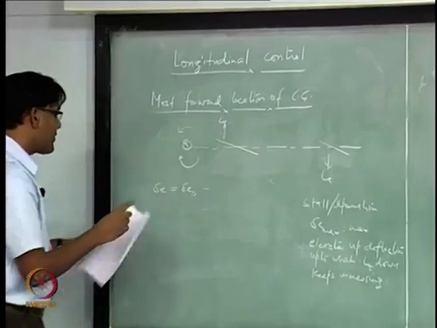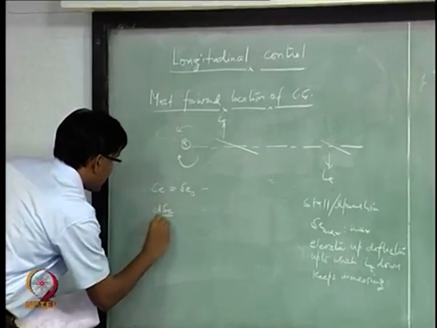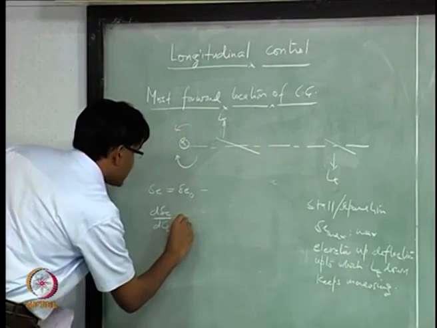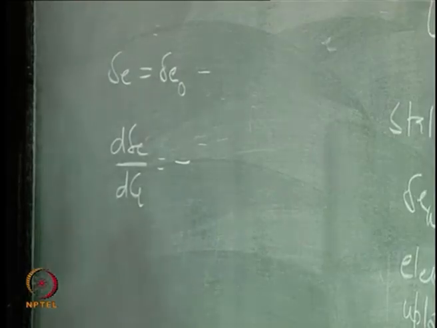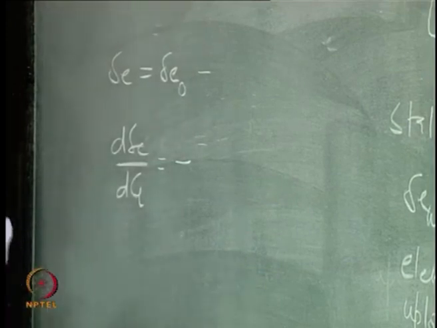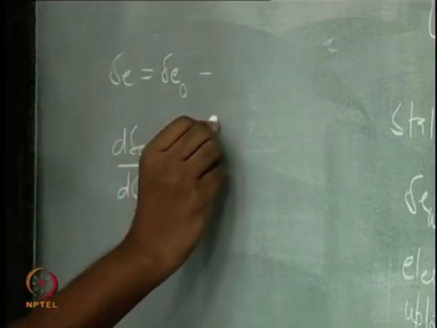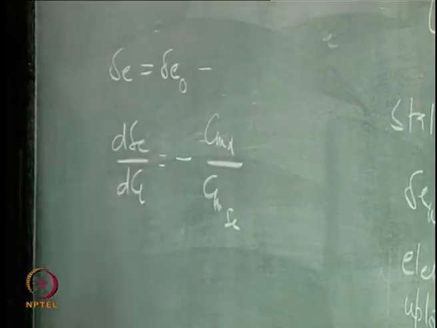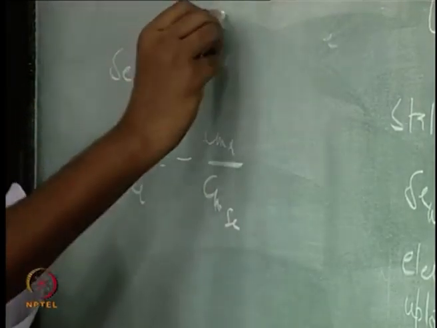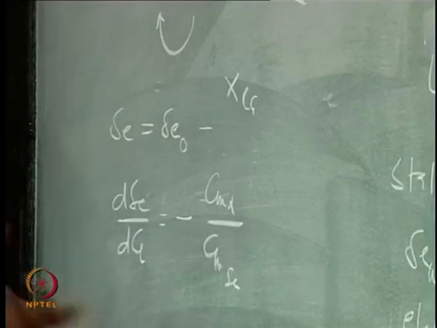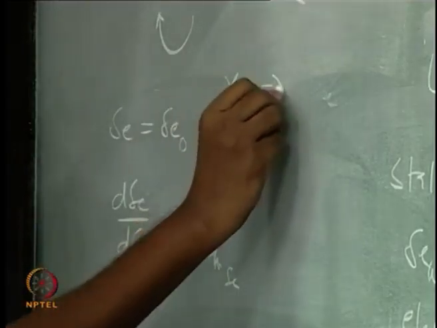So, remember we already found this del T delta E over dCl, and that was minus of Cm alpha, right, over... and from this you can find out, this is going to depend upon the static margin, right. Cm alpha is going to give you the static margin.